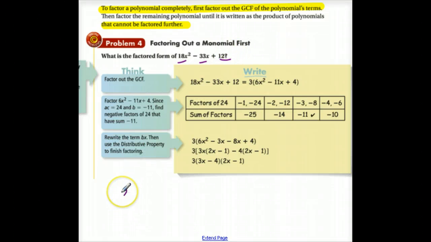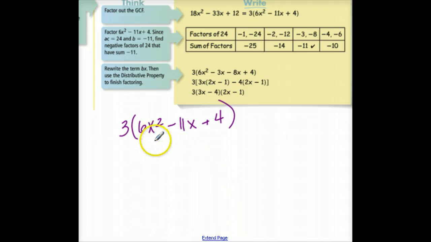So if I take a 3 and put it on the outside, pull out a 3 from 18x squared, well, that's 6x squared. Pull out a 3 from negative 33x, well, that's negative 11x. And pull out a 3 from 12, well, that's positive 4. Now, I'm going to extend our page further.